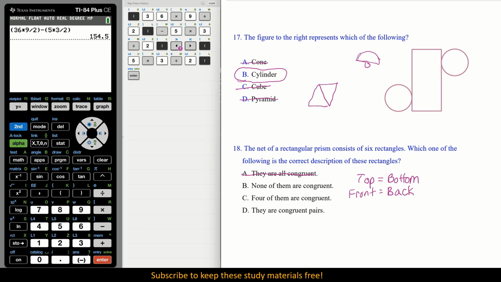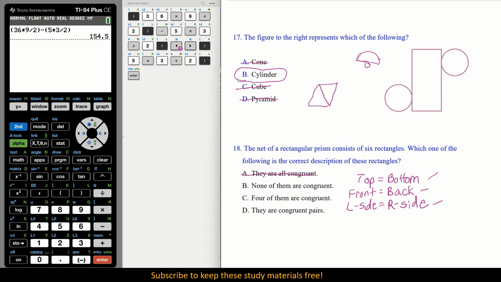And then the left side of the box is equal to the right side of the box. There are 6 sides of a box, so we have a pair, a pair, a pair. 2, 4, 6.